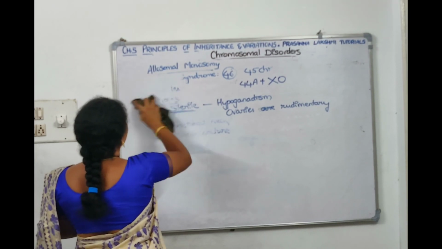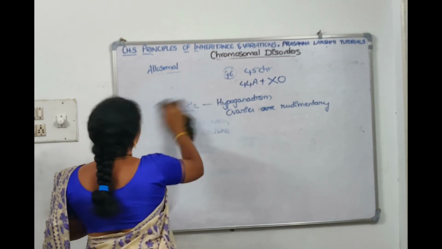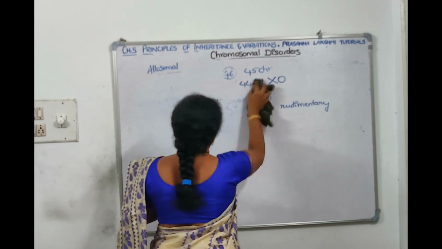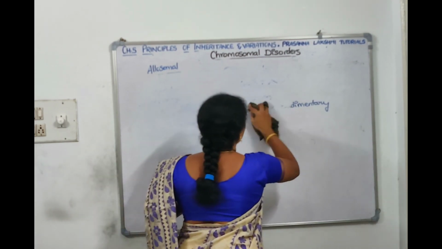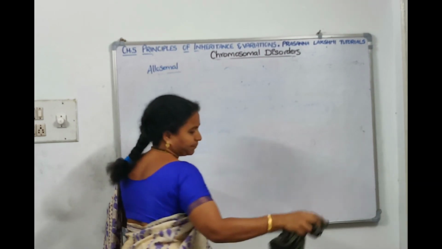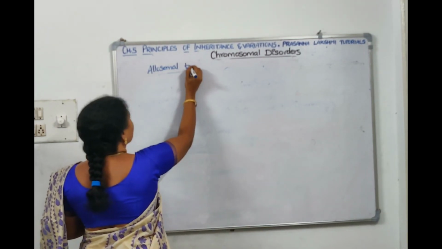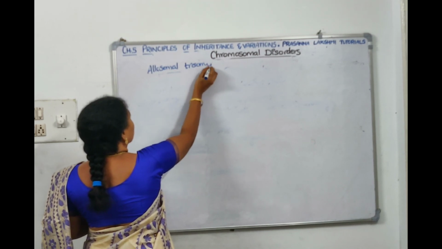So the last, allosomal trisomy, it is Klinefelter syndrome. Trisomy means addition of allosome, right? Allosomal trisomy.